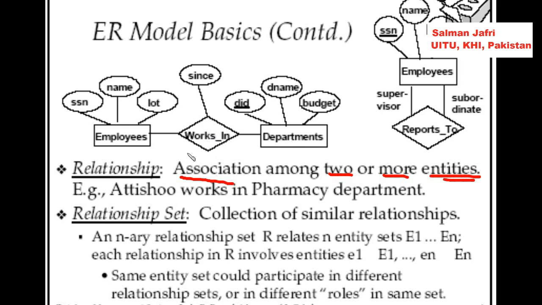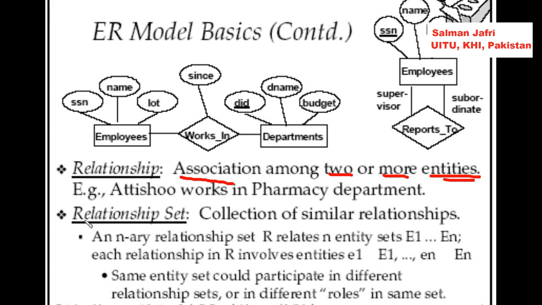Then a set of all relationships would be called a relationship set, which is a collection of similar relationships. Thinking in terms of the database or the model, we can say that works in would be a table, and all the entries stored in the works in table would form a collection of relationships called the relationship set of works in, or in other words, the works in relationship set.